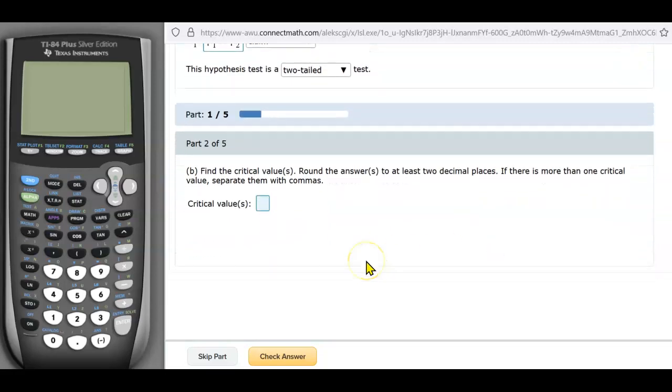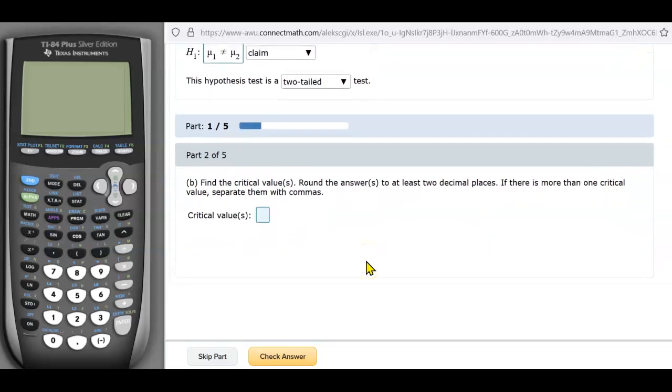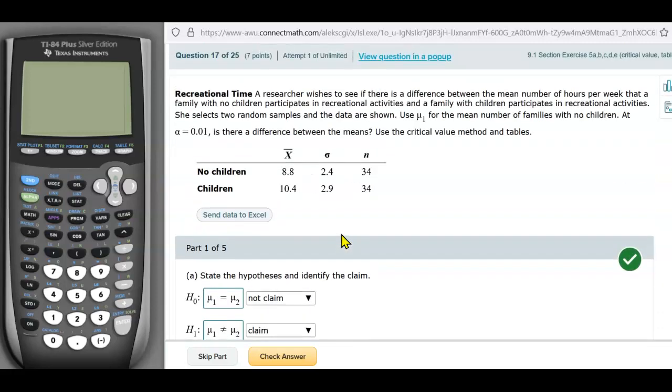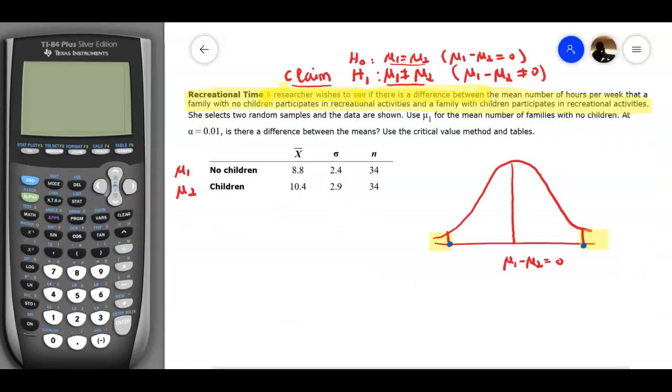So now they are asking you about the critical value. Find the critical values and round your answer to at least 2 decimal places. Now the critical value is always connected only to the alpha. Every time they ask you about the critical value, this is the alpha.